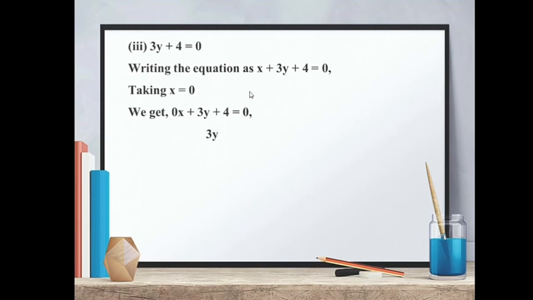So we are left with 3y plus 4 equals 0. Then we can transfer this 4 to the other side, then 3y equals minus 4, as the plus 4 will become minus 4, and here we want the value of y. So here 3 and y are in the form of multiplication, so we will transfer this 3 to the other side, it goes in the form of division. So we will get y equals minus 4 divided by 3.